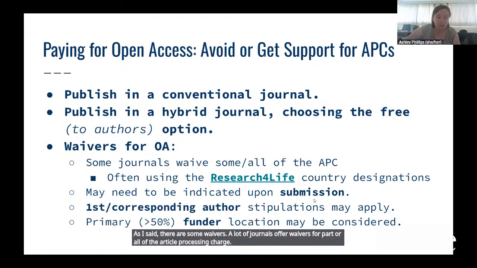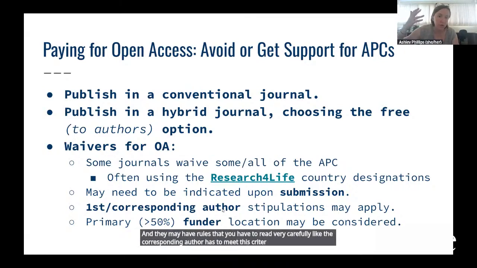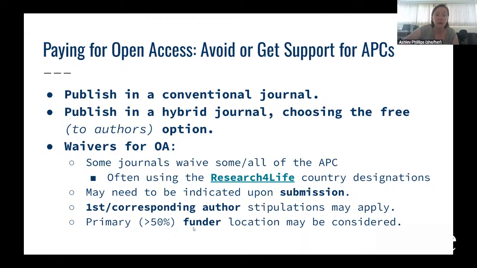It often needs to be indicated at the time of submission. And they may have rules that you have to read very carefully, like the corresponding author has to meet this criteria, like being from a lower middle income country, or the first author has to meet this criteria, or the funder location, or the majority of the authors, things like that.